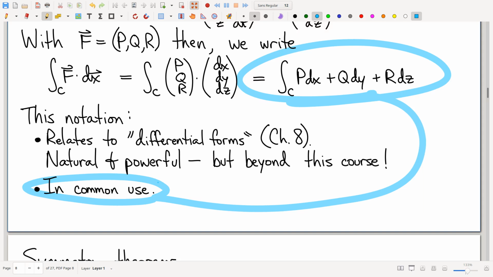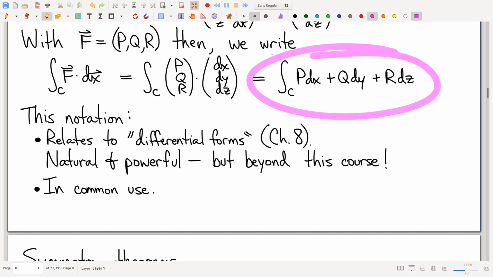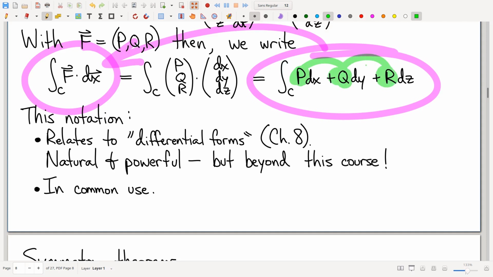Nevertheless, a lot of people, for whatever reason, prefer to write it like this, again, even if they're not using the advantages of it. So y'all need to be prepared. Y'all need to know what to do if you encounter something that looks like this. My advice is that when you see that, you should think this, and in particular, that these things, P, Q, and R, that's just a fancy way of telling you your vector field.